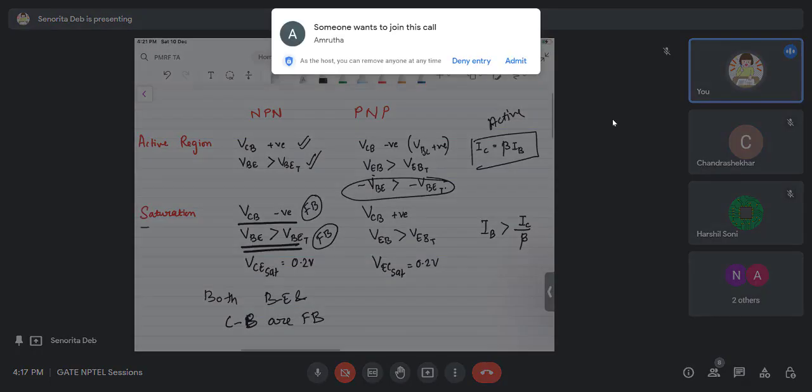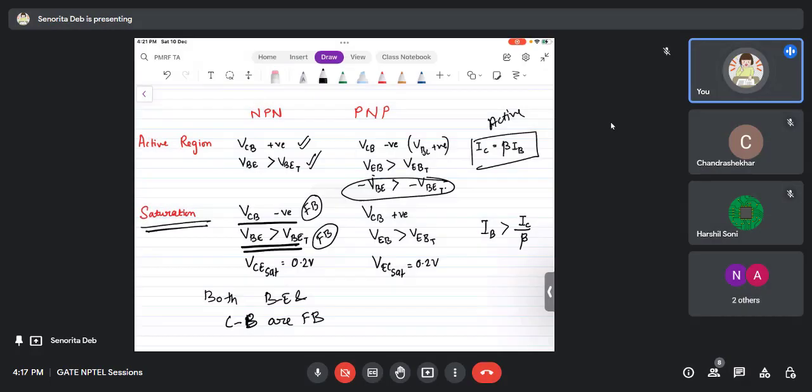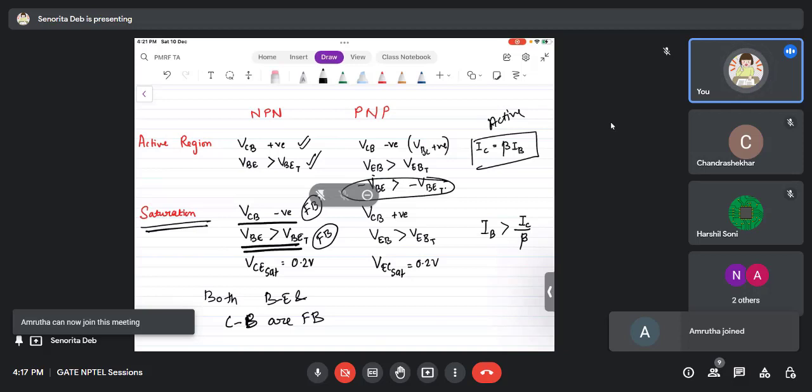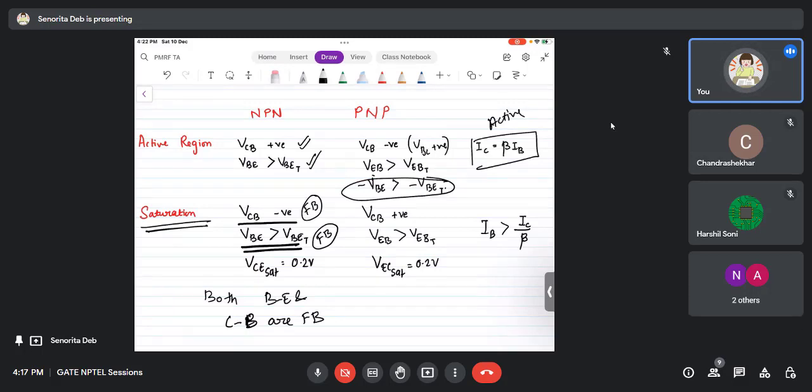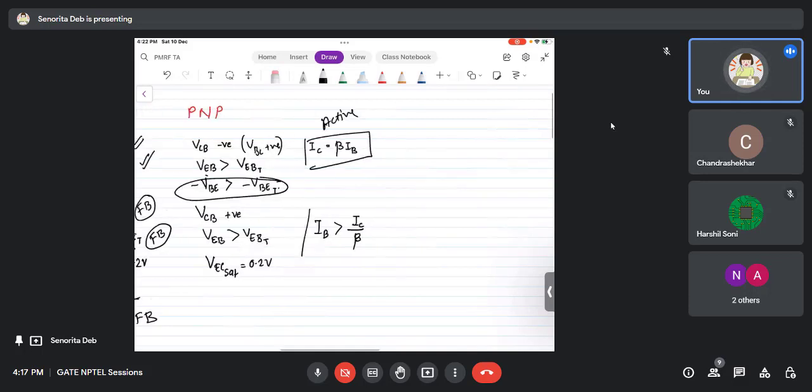That means that even if you increase the base current by a small amount, there is no change in IC. So IB and IC actually do not relate to each other in the saturation region. Okay, so what will be the condition? If you separately find IB and IC, you will see they follow this condition for saturation.